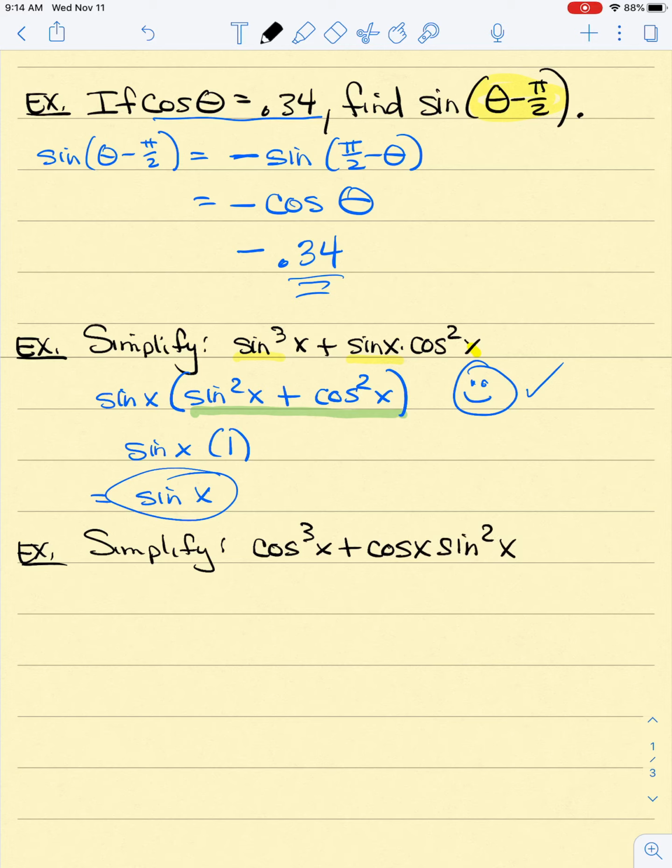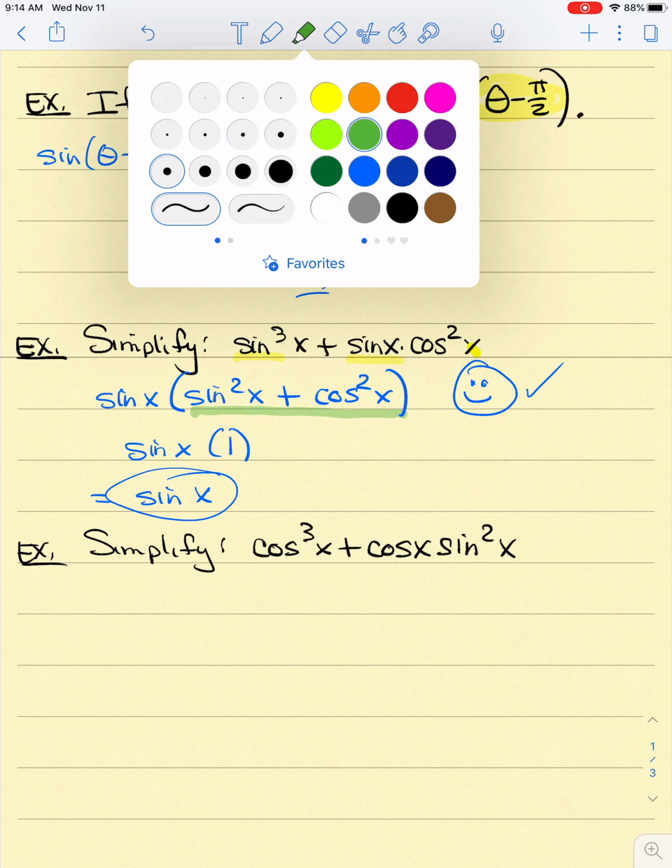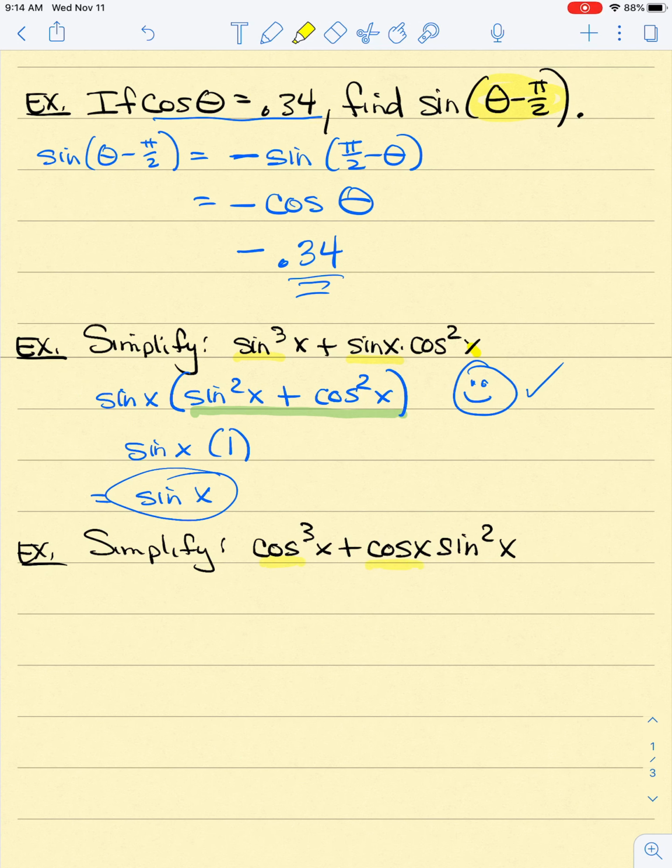Okay, so you're thinking, look at that, I got cosine, I got cosine. Let's see if we can factor that out. So pull out cosine x. What's left? Cosine squared x plus sine squared x.